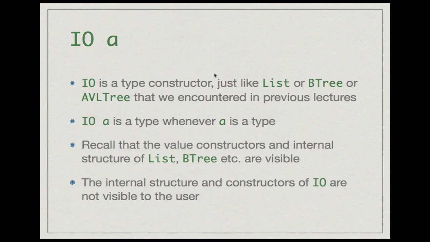IO is a type constructor, just like some other type constructors we have encountered in previous lectures, like list or B tree or AVL tree, etc. Therefore IO A is a type whenever A is a type. But there is a distinction. Recall that the value constructors and internal structure of user defined data types like list, B tree, etc. are visible. But the internal structure and constructors of IO are not visible to the user. In other words, the user cannot do any kind of pattern matching based on the constructors of IO.